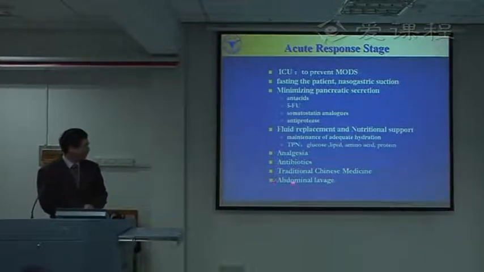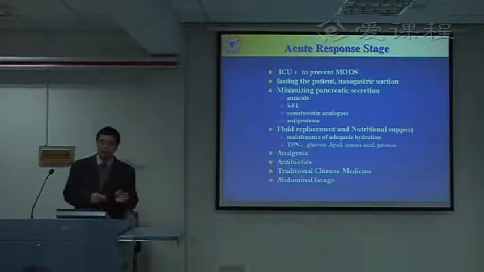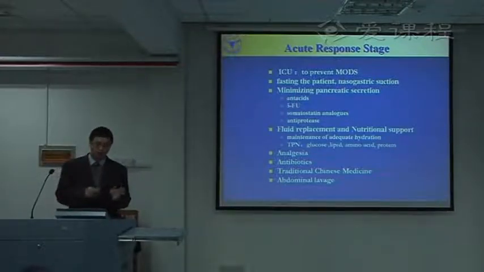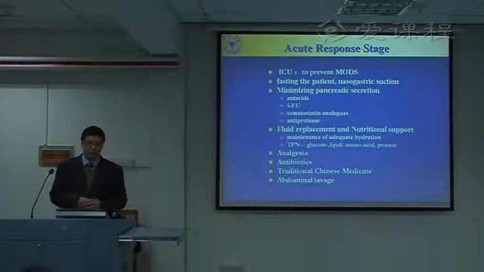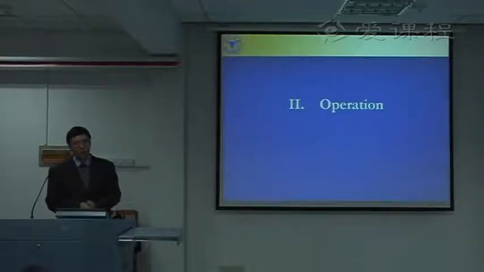And at last we also can use abdominal lavage. So for every patient, either mild or severe, in the early stage, we almost all use conservative treatment. But what time should we do operation?